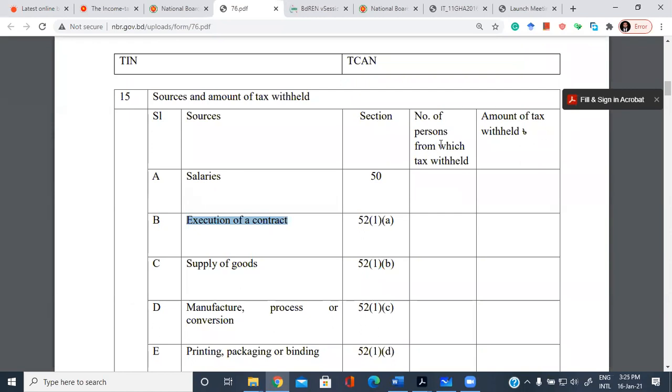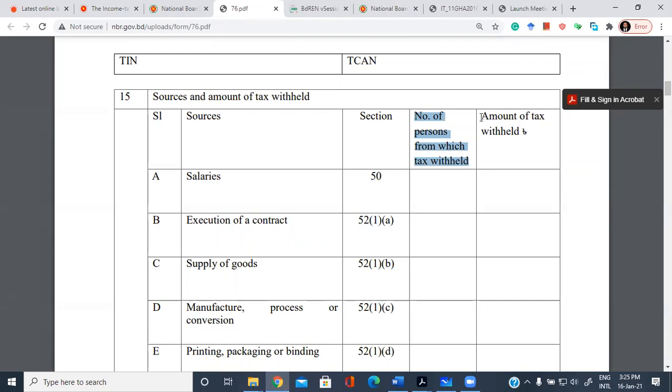What I'm trying to draw your attention to is the number of persons from which tax is withheld. Say Robi has 200 employees. From how many employees has Robi charged? Not Robi has charged, it is actually charged by NBR. Robi is just collecting, or deducting, and Robi will be responsible for transferring this amount to the NBR account later.